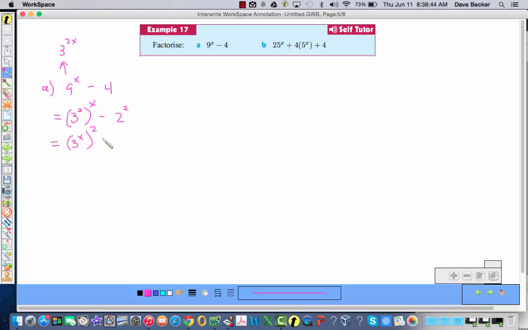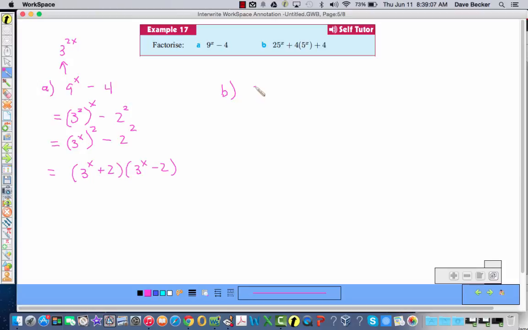So it is equivalent, minus 2 squared, okay? So I have something squared minus something else squared. Well, that factors into, as we know, 3 to the x plus 2 multiplied by 3 to the x minus 2. And if you're not convinced, go ahead and expand it, and you'll get right back here to 9 to the x minus 4.